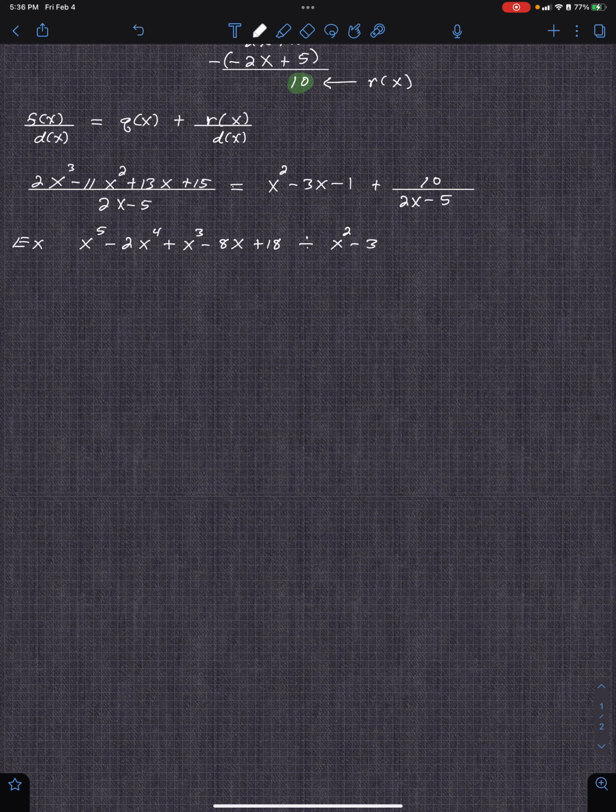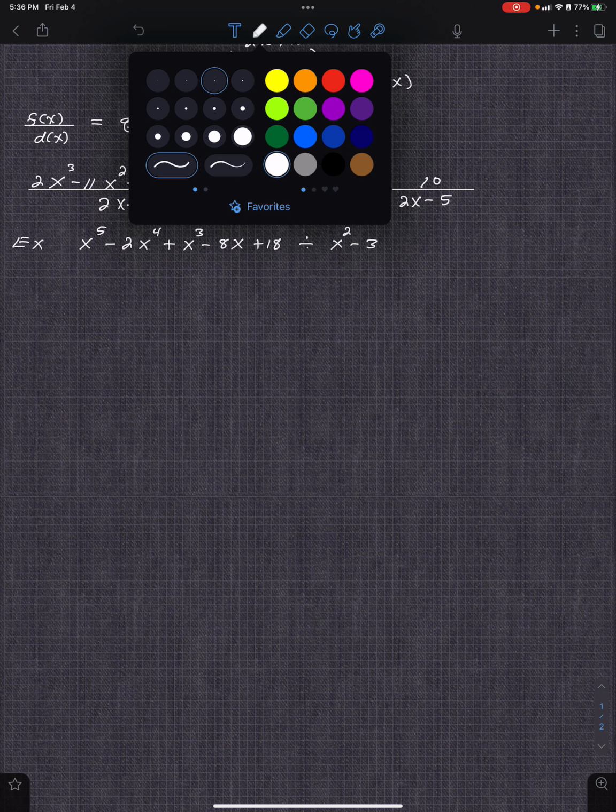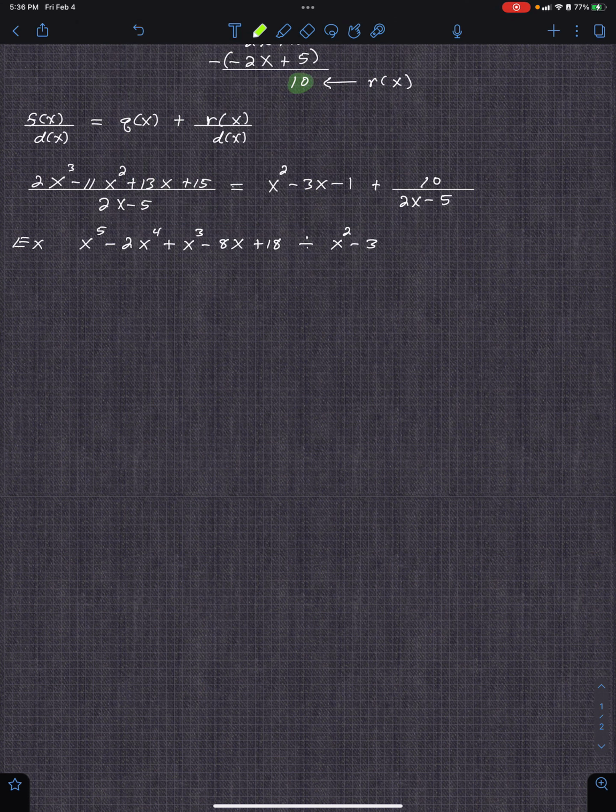Okay, and then I'll basically tell you the answer. So we'll just do the quotient this time. The quotient ends up being, assume you've done it, x cubed minus 2x squared plus 4x minus 6.